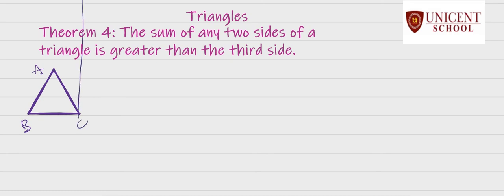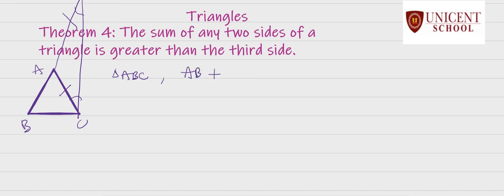I need to extend the side BA to D such that AD is equal to AC. And what is given? We have a triangle ABC only. And what are we supposed to prove here?